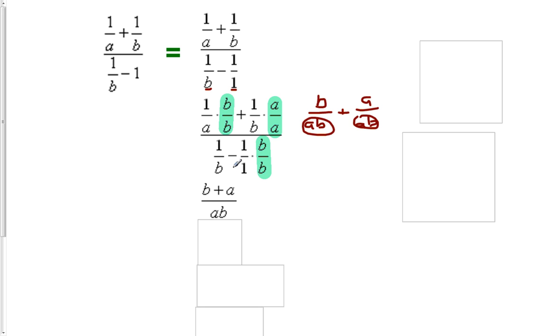Same idea on the bottom here. We have 1 over b minus what has now become b times 1 is b, over b times 1 is b again. So with the common denominator, we'll have a 1 minus b all over b.